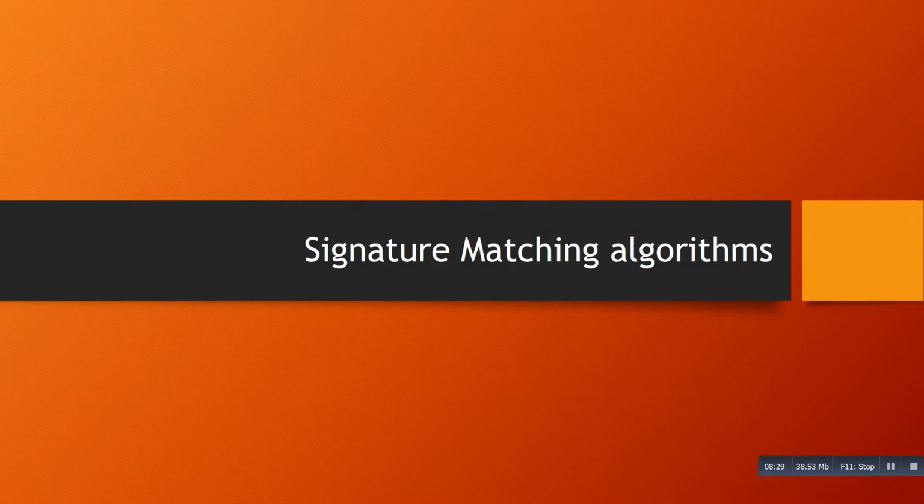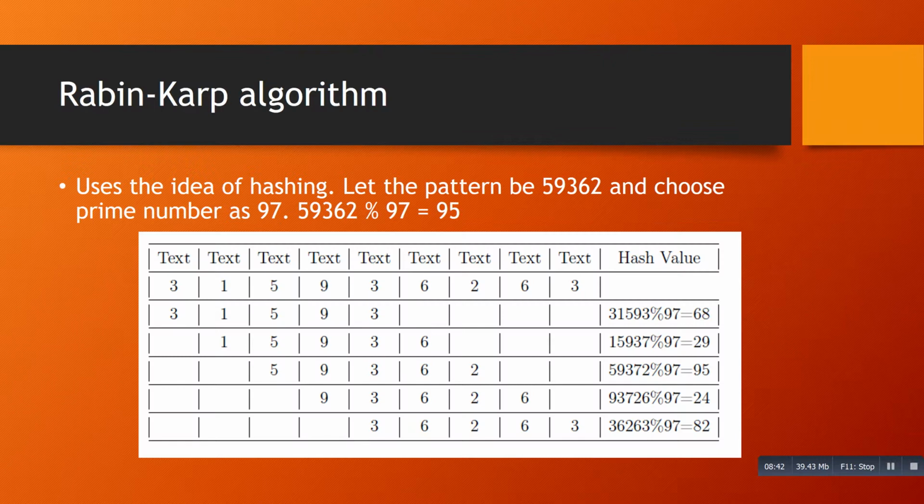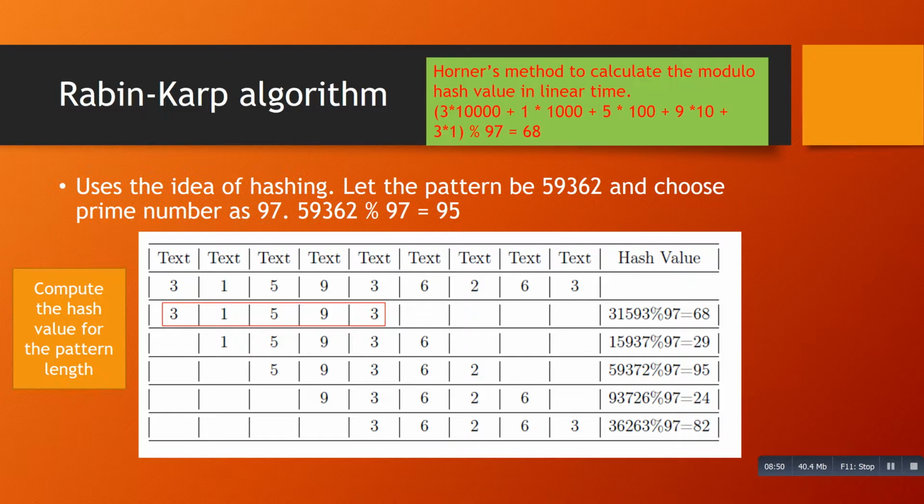Let's go and see how we implemented the CUDA based signature matching algorithms such as Rabin-Karp, Wu-Manber, and Aho-Corasick. The Rabin-Karp algorithm uses the idea of hashing. So it computes the hash value for the pattern length.